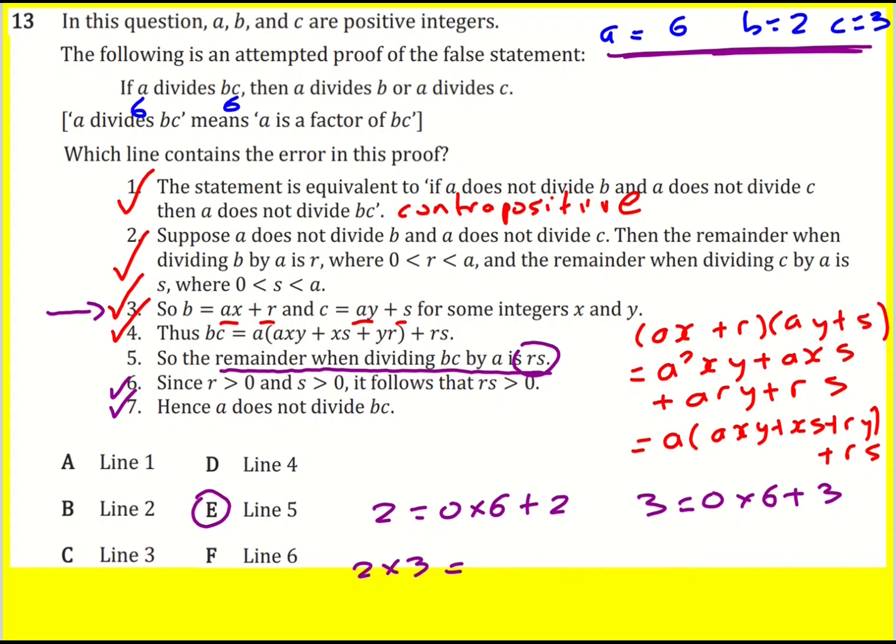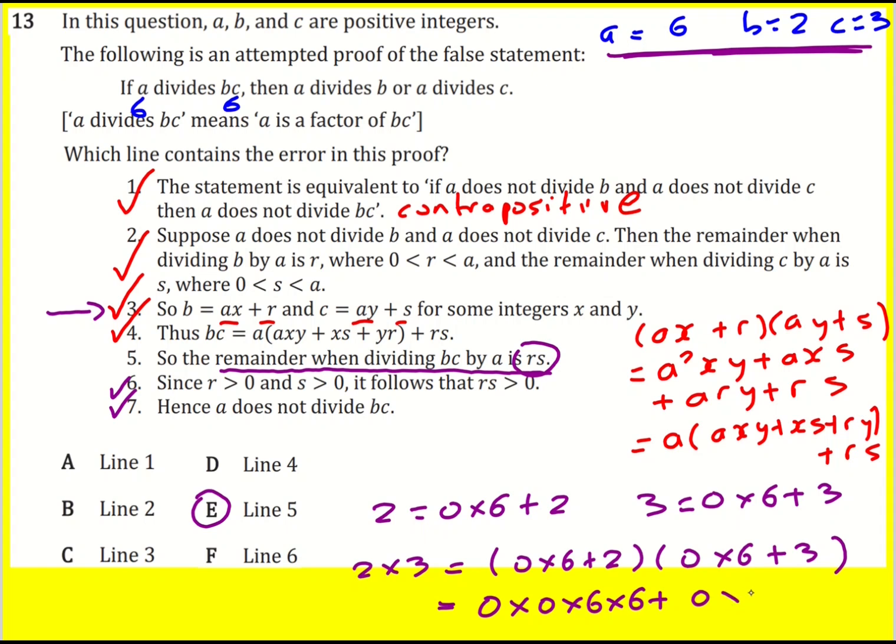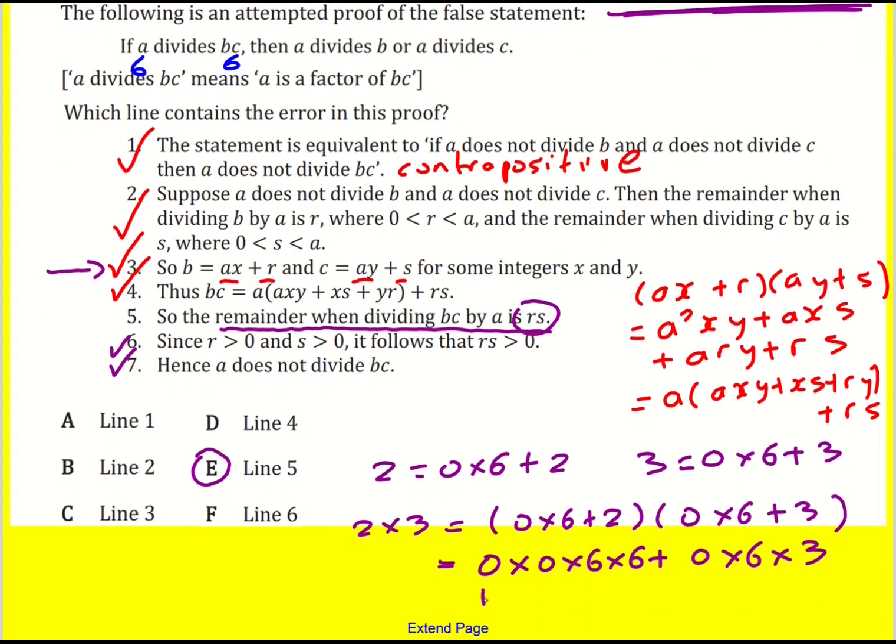I'm sorry, I'm going to do this in full. It's actually going to be this bracket, 0 times 6 plus 2, multiplied by 0 times 6 plus 3. And that is going to give me 0 times 0 times 6 times 6 plus 0 times 6 times 3 plus 0 times 6 times 2 plus 2 times 3.